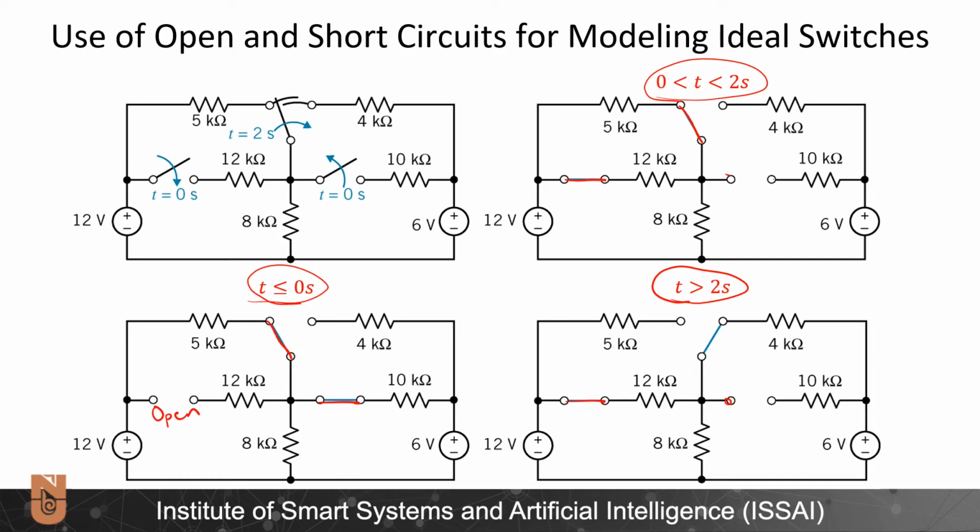This is still open, and this single pole double throw switch is connected to the right side. As you can see, we have modeled this circuit with 3 switches using 3 circuits which are valid for different time periods, which have only open and short circuit connections.